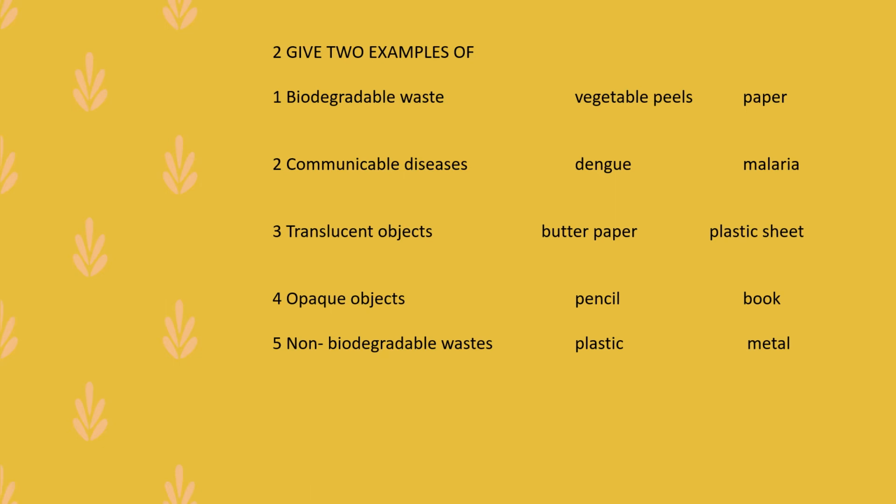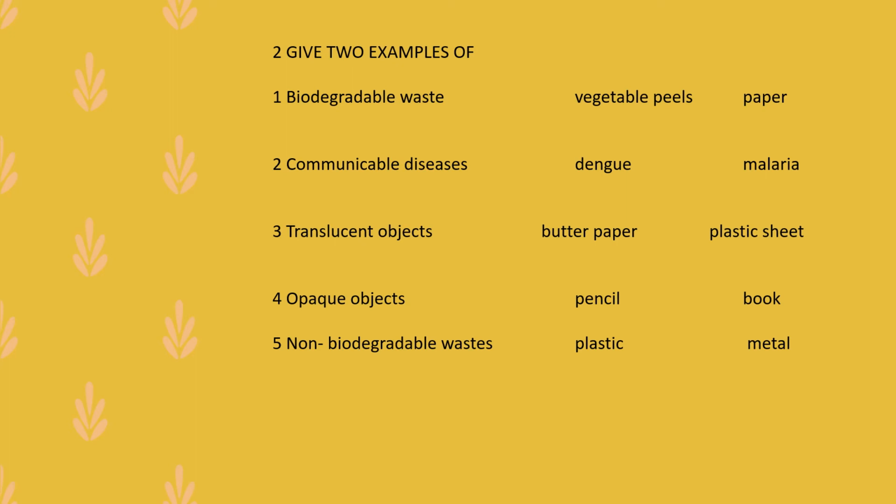Examples of translucent objects are butter paper and plastic sheets. Next is opaque objects. Children, objects through which light cannot pass at all are called opaque objects. Examples of opaque objects are pencil and book.